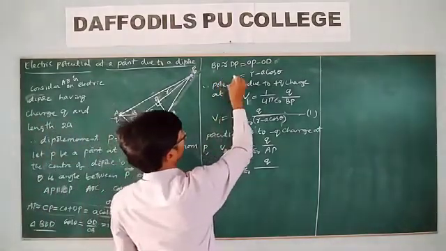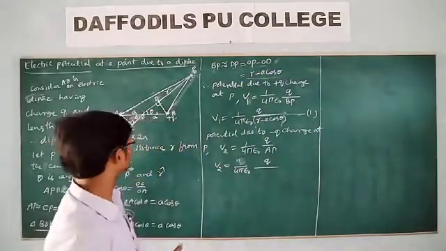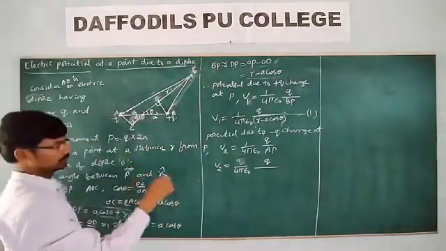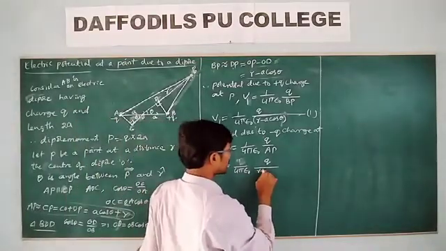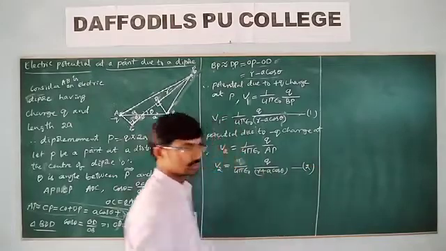Here it is R minus a cos theta; you have to remember these values. Then R plus a cos theta, second equation.